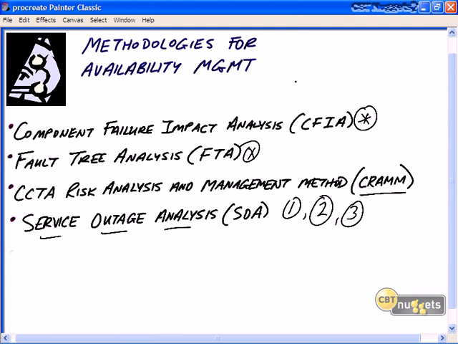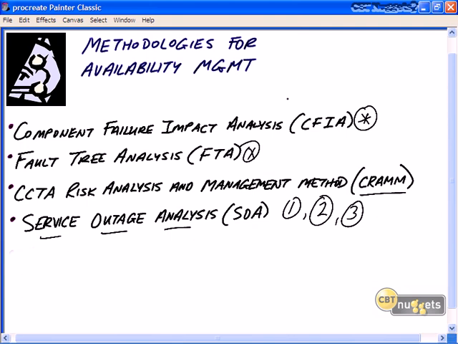SOA, like CRAMM, has a real broad scope. It's not limited just to infrastructure, but it covers processes, procedures, even cultural aspects of your organization. You always approach it from the customer's perspective, and some organizations will actually put together what's called an SOA team, a Service Outage Analysis team.